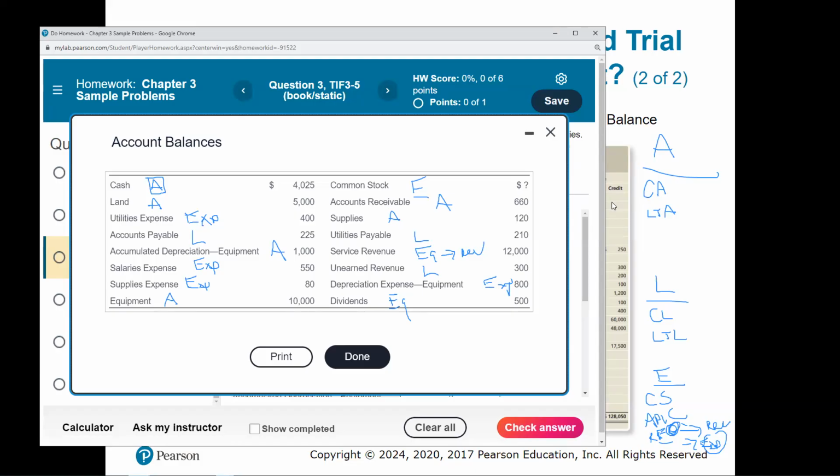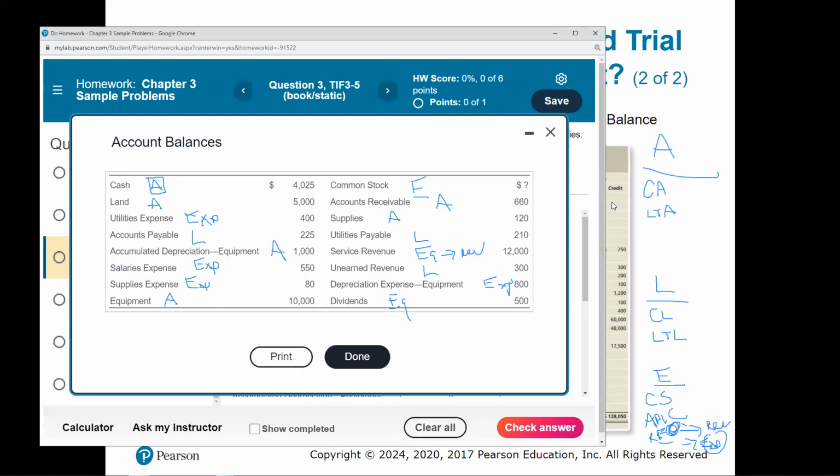Utilities payable, I would put into other accruals after that. And then I would do unearned revenue after that, because we have to actually complete an earnings cycle. Whereas with accounts payable and utilities payable, we would have already incurred those expenses. So that's why those would go before the unearned revenue.